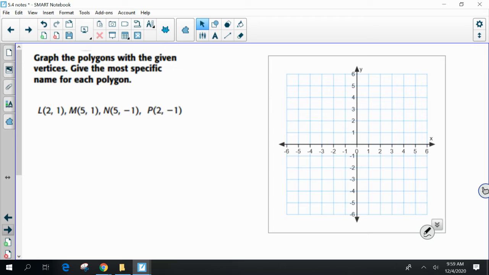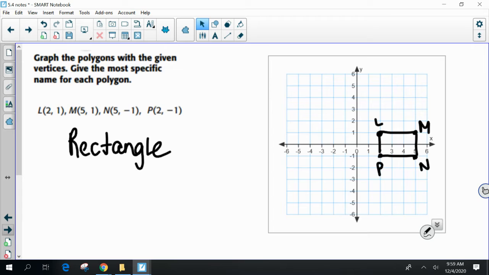Okay, so if I plot all of these points, I have these two. Okay, and then what is the most specific name for this shape? This is a rectangle.